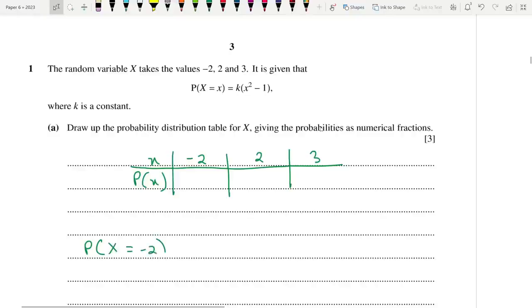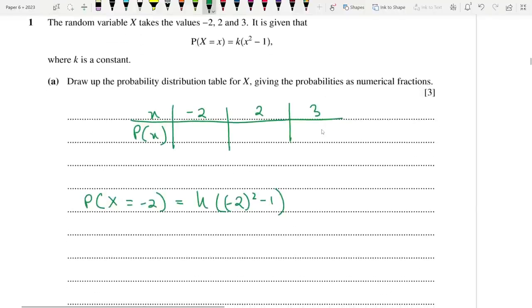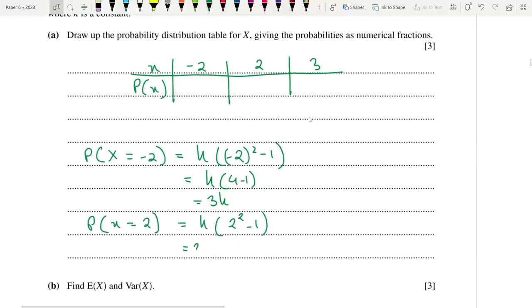P(X = minus 2) will be k times (minus 2) whole squared minus 1, which is k times 4 minus 1, or 3k. Next, for P(X = 2), it's going to be k times 2 squared minus 1, which is 4 minus 1, also 3k.